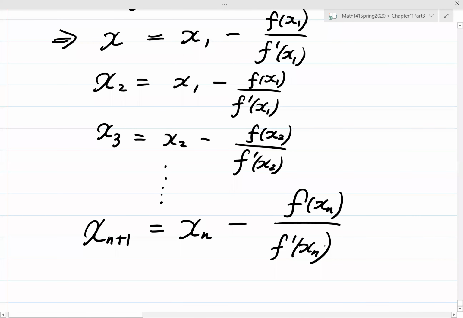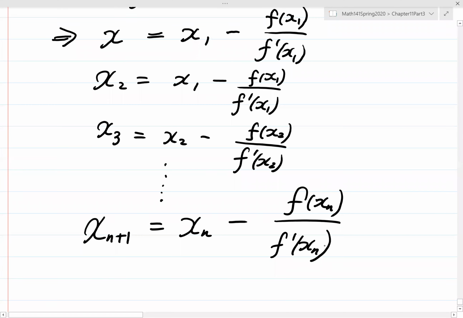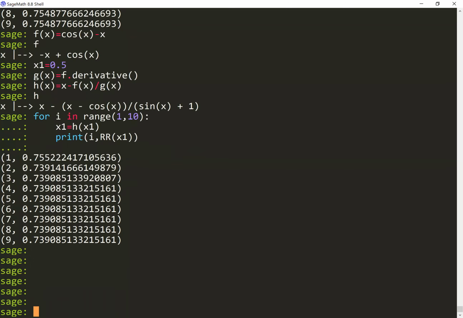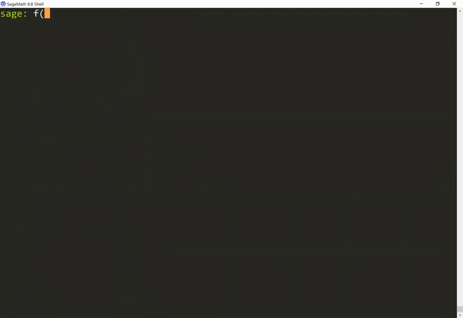This is really easy to implement in a computer package. So we do it in a computer package. For instance, let f(x) be x to the power 5 minus x plus 1.